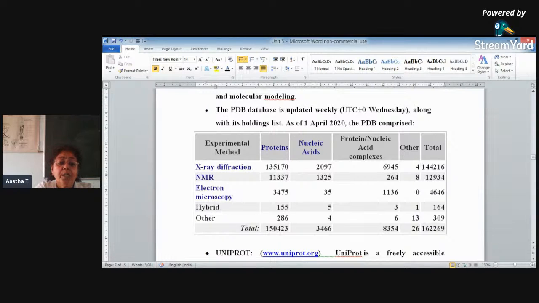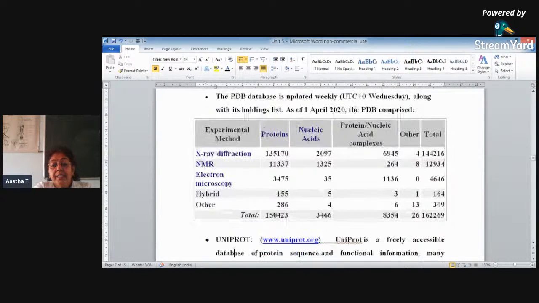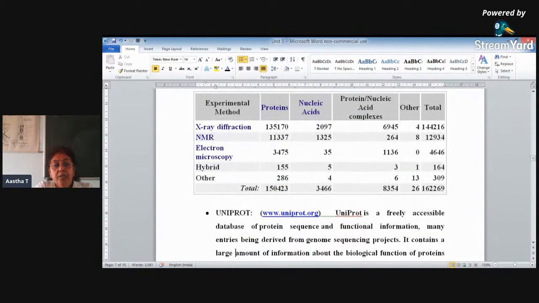So if you see a total, it's 1,50,423 proteins are available, and their information is available in the PDB database. 3,466 nucleic acids have been reported in protein database, and totally 1,62,269 proteins or nucleic acids or protein nucleic acid complex database information or data is available in PDB.